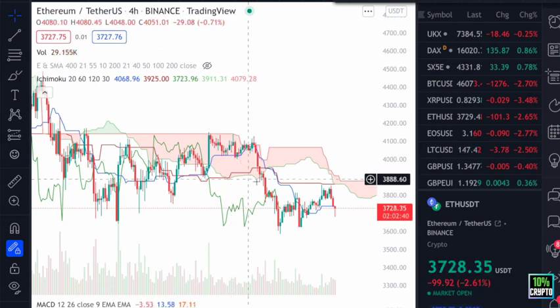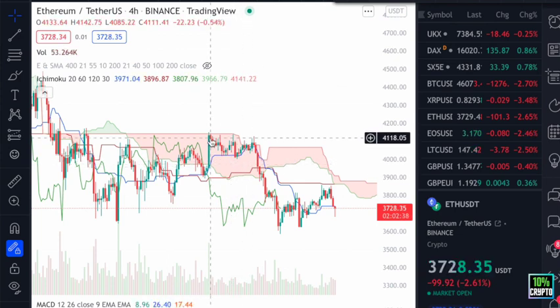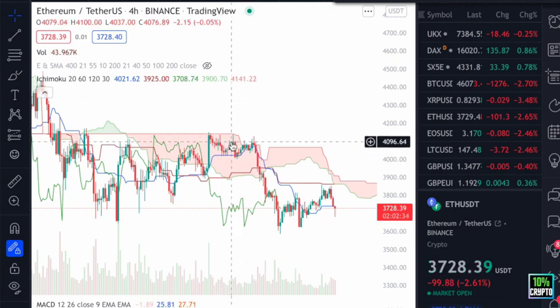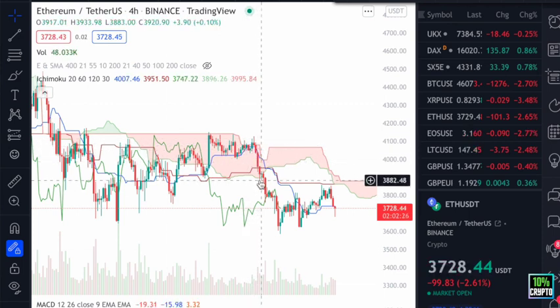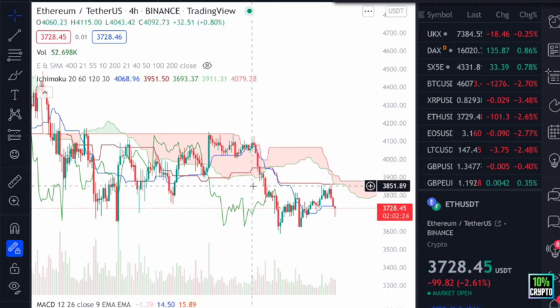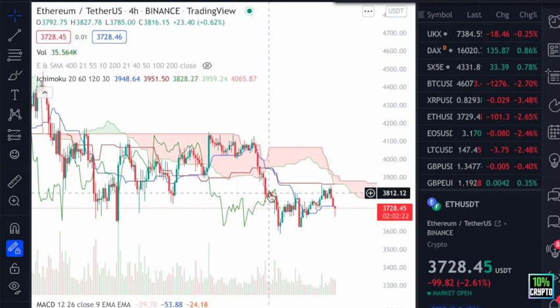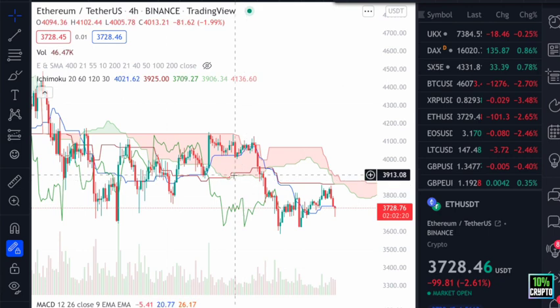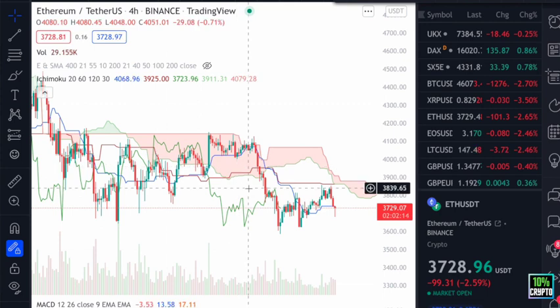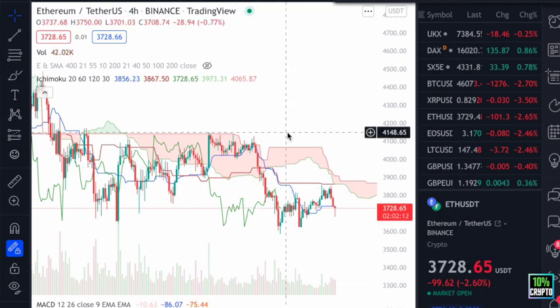You can see inside this red Kumo cloud, price rejected here, and over here, price tried to use this cloud as a support, but it failed. We came down, we managed to use this as a support, but of course failed again and fell under. So yeah, some strategies do have some form of support and resistance within them, as you can see with the Kumo clouds.